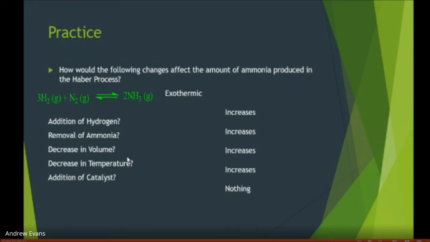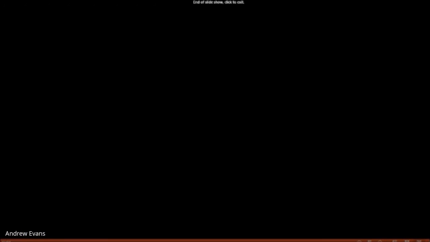But this was the way we got ammonia produced economically so that we can actually use that in fertilizers. Okay, that's the end of this chapter.